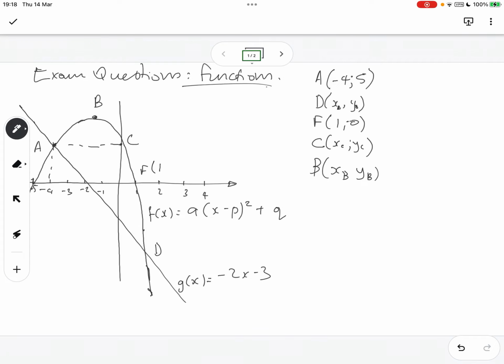Okay, so we don't know exactly where our graph cuts the y-axis, right?